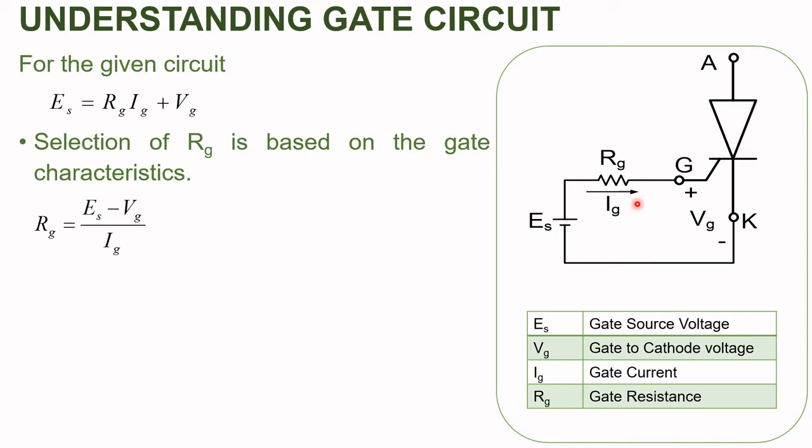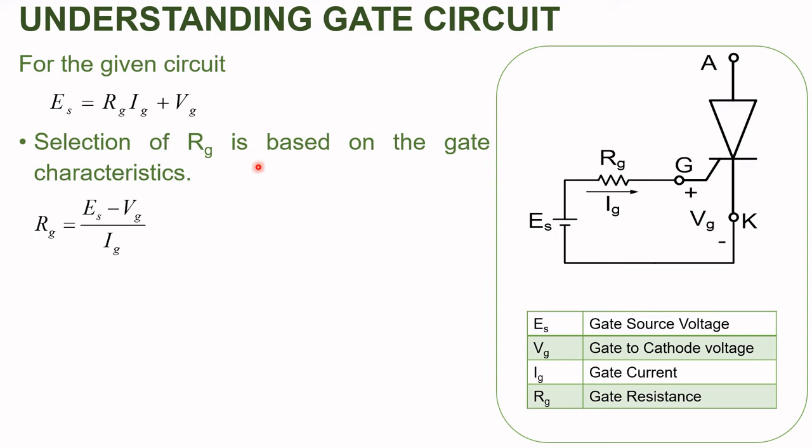Now for this particular circuit, if we apply KVL in this loop, the equation that we get is ES = Rg × Ig + Vg. Here ES is the source, Rg multiplied by Ig is the voltage drop across the resistance Rg, plus the voltage from gate to cathode represented by Vg.